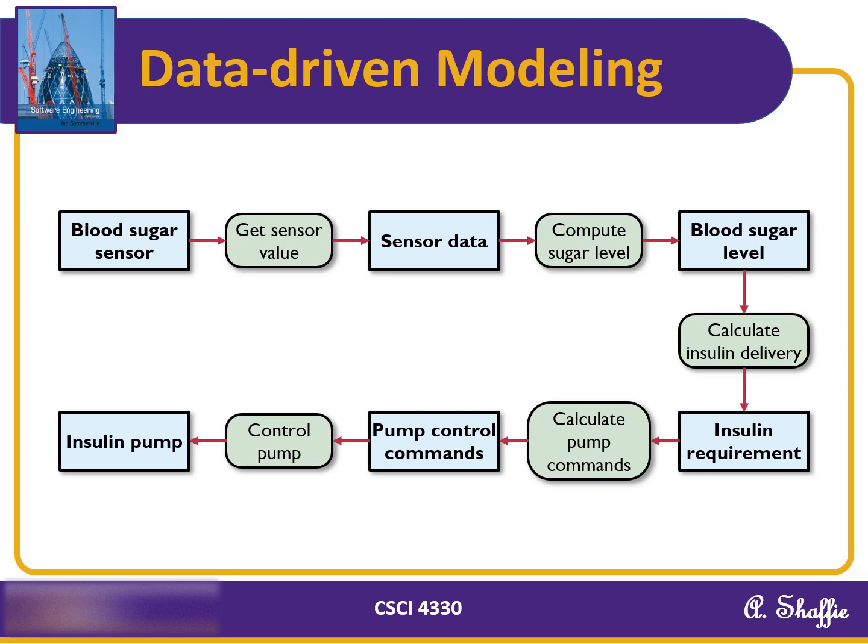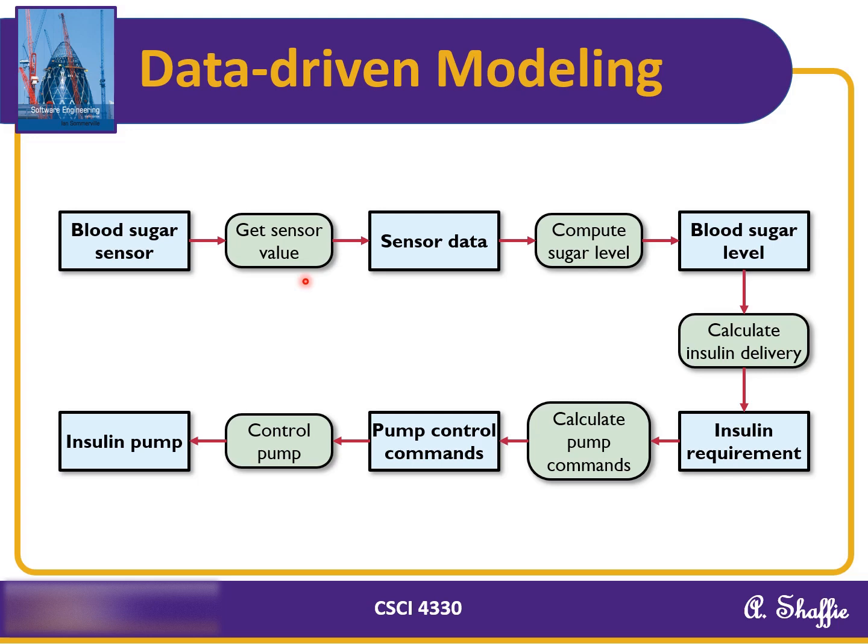activities, which are these round rectangles, and the data that flows between these steps are shown as objects, which are these regular rectangles. As shown here, the process starts with the blood sugar sensor data, followed by the get sensor value activity.